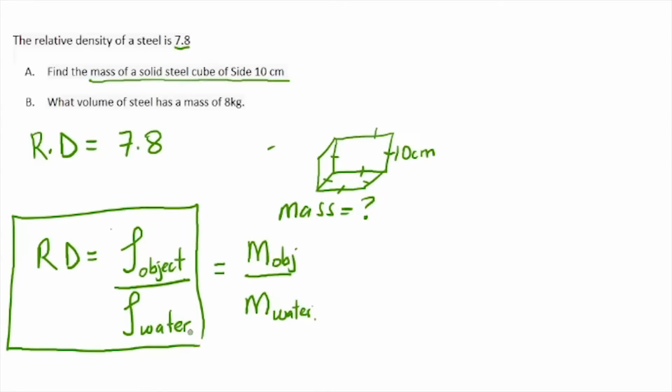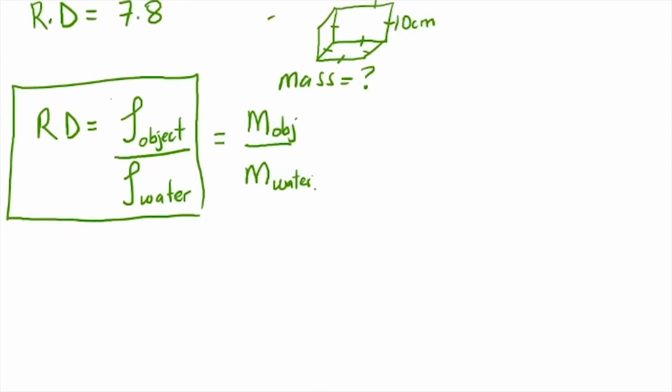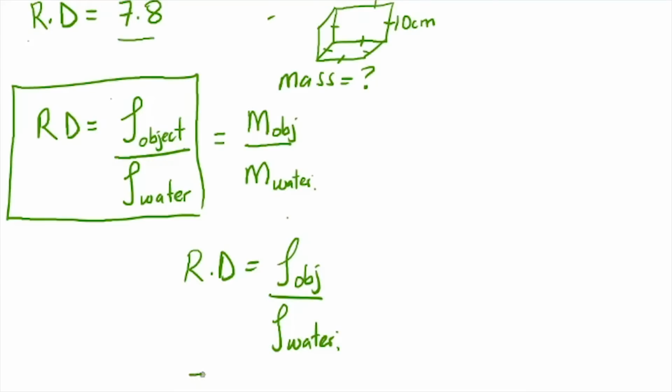So now, taking that definition from that angle, we shall say relative density, let me rewrite it here, is going to be the density of the object divided by the density of water. So now, the relative density of the object here, we know it as 7.8. So we shall come here and say it is 7.8.